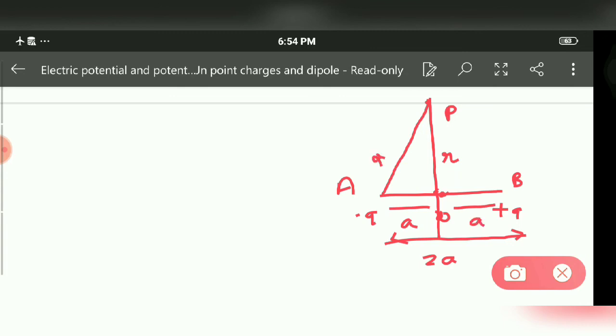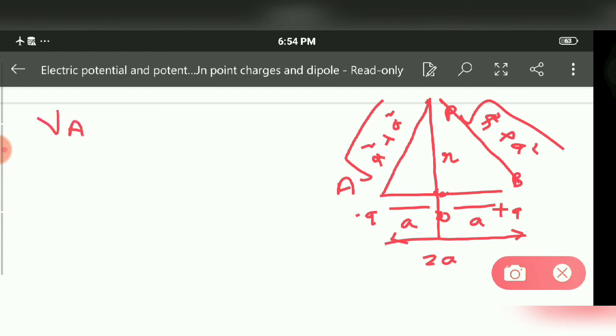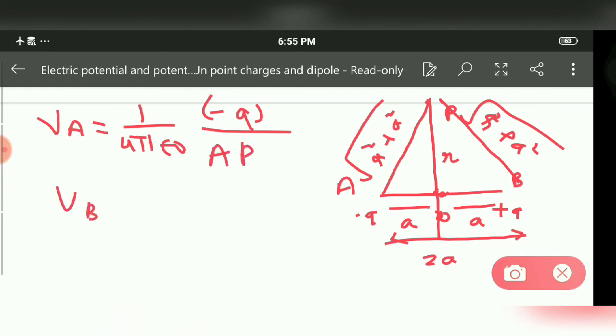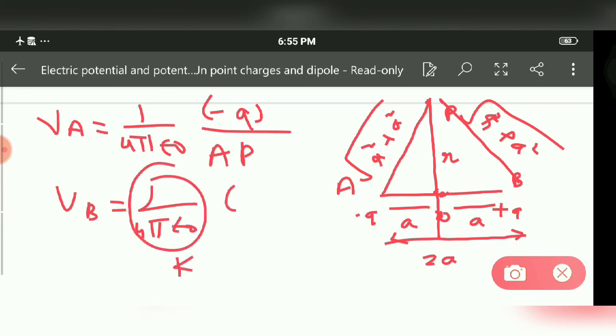So AP is under root of r square plus a square, and BP is also root of r square plus a square. Now potential due to charge A is equal to 1 by 4 pi epsilon naught, or k, charge minus q, upon the distance AP. Similarly VB is equal to k, because k is the same, charge plus q, upon the distance BP.